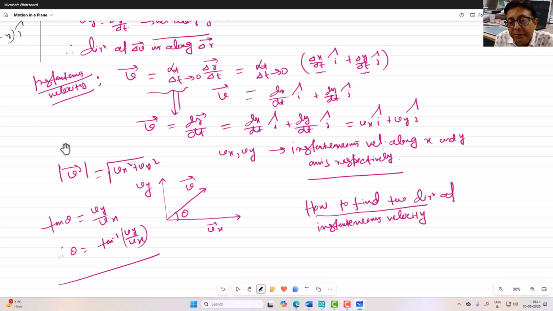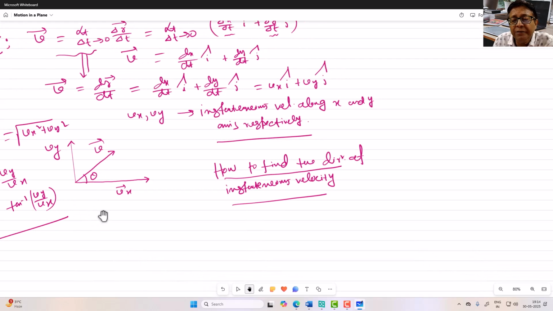As discussed before, average velocity, v average, is delta r by delta t. This is directed along delta r.